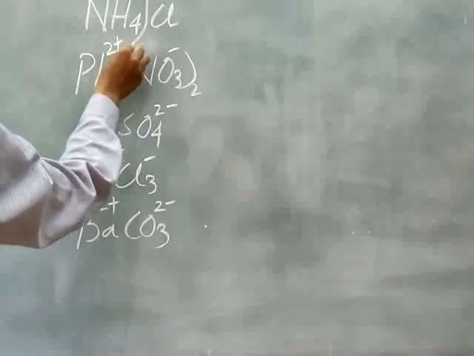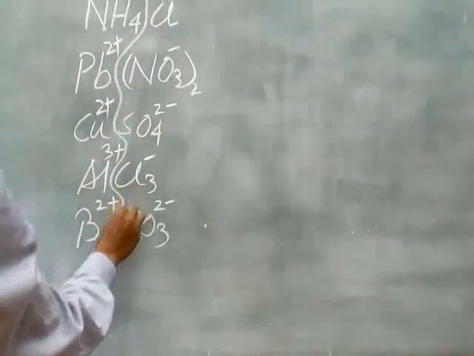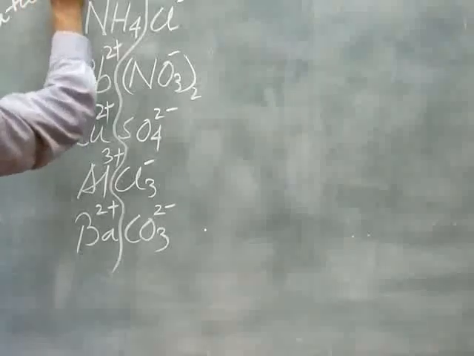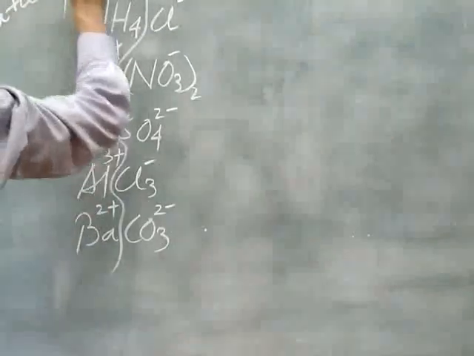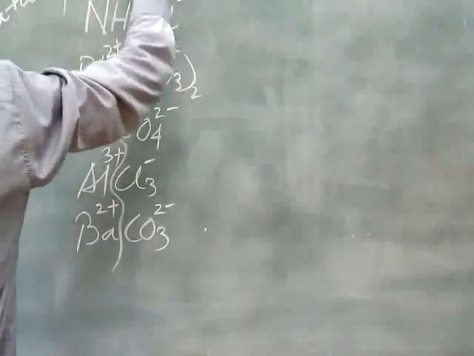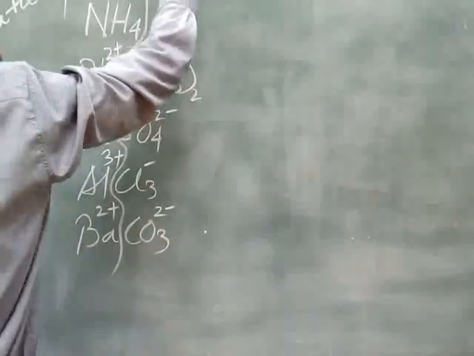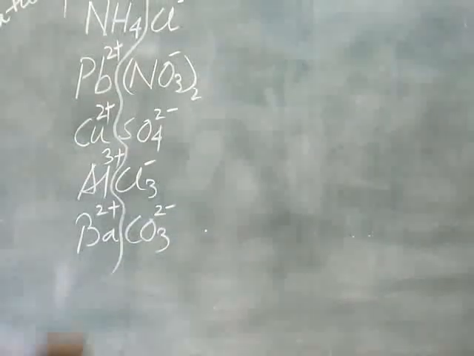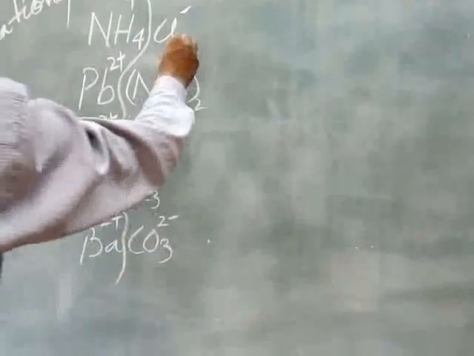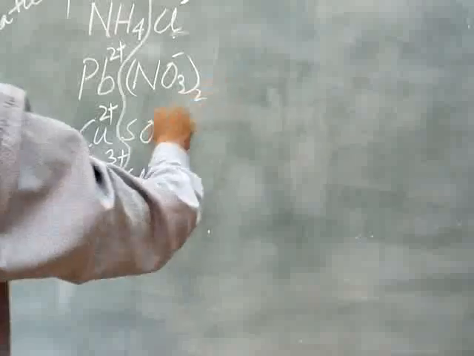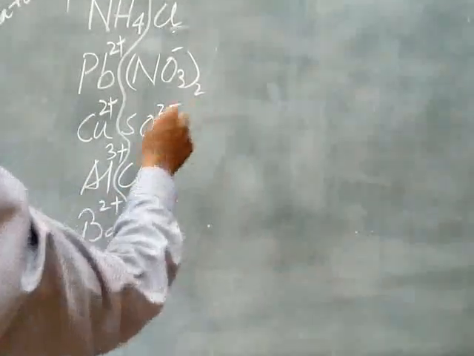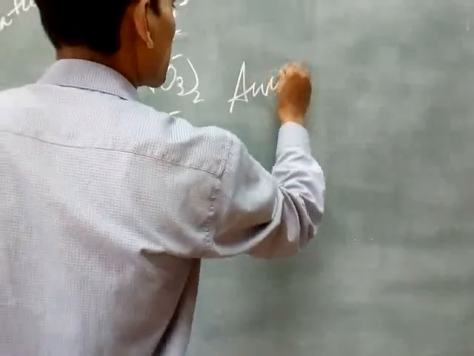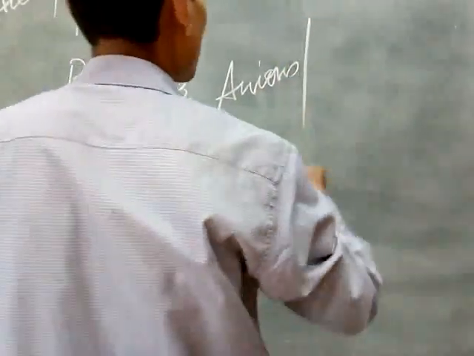All the positively charged ions are called cations or basic radicals. And the negatively charged ions, chloride, nitrate, sulfate, chloride, carbonate, these are the examples of anions or acid radicals.